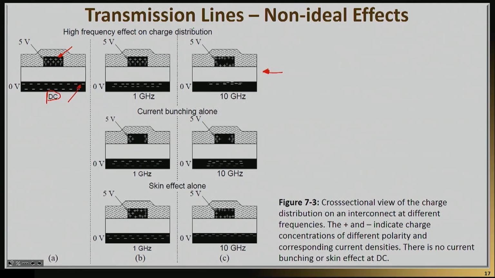But as the frequency keeps increasing, that geometry will break. And you will see, for example, for high frequencies, which is the focus of this course, most of the charge and current will be at the edges, and most of the current and charge for the ground plane will be at the edge of the ground directly underneath the microstrip line.